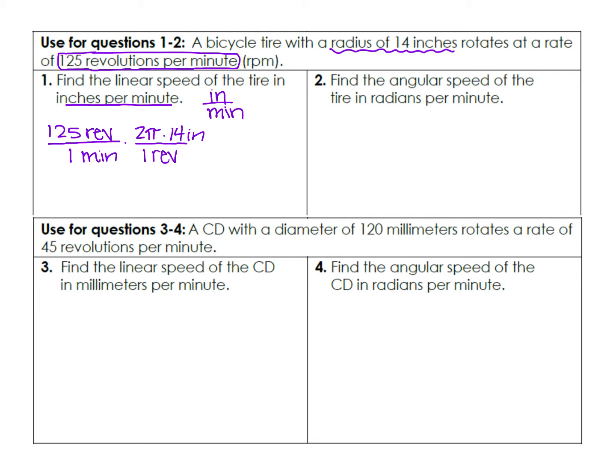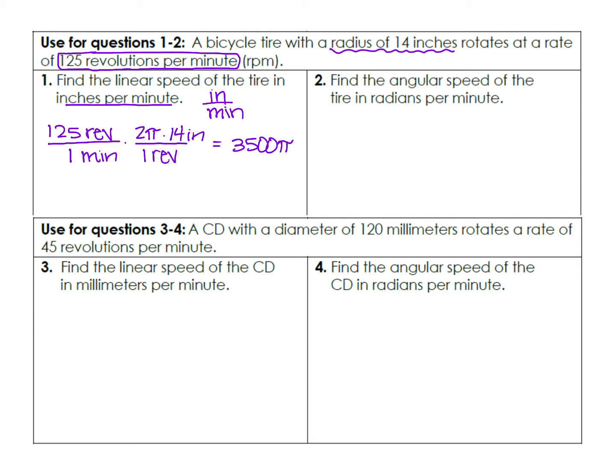When we type that in our calculator, it'd be nice for these to give an exact and an approximate answer, but the approximate answer is the only one I really need. 125 times 2 times 14 would be 3,500 pi.